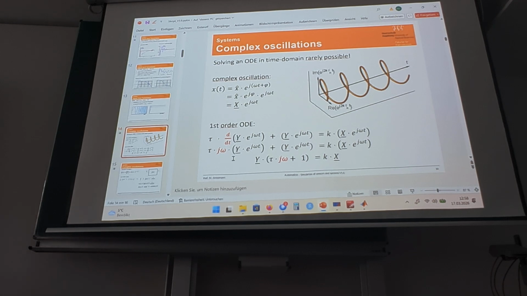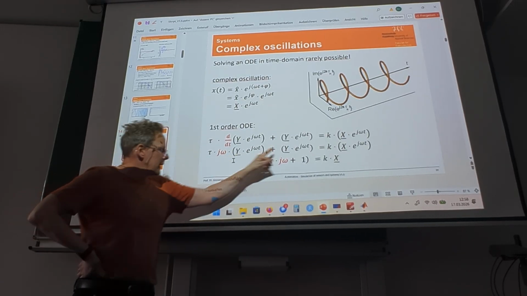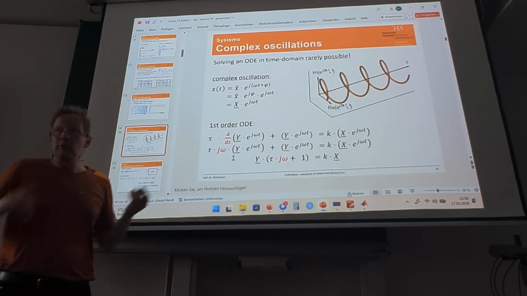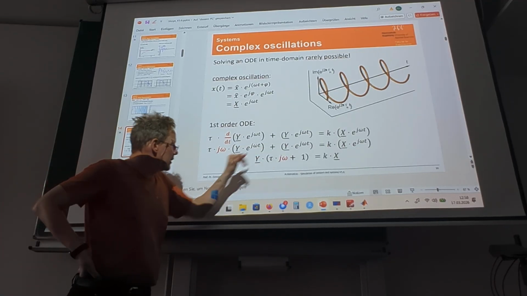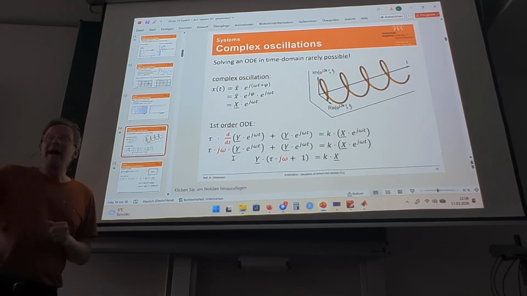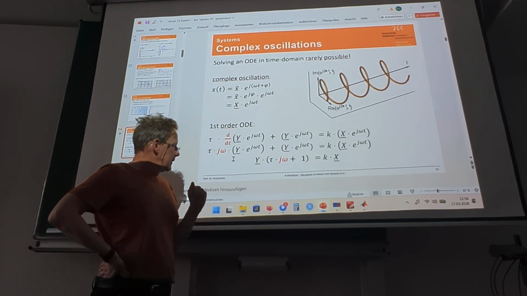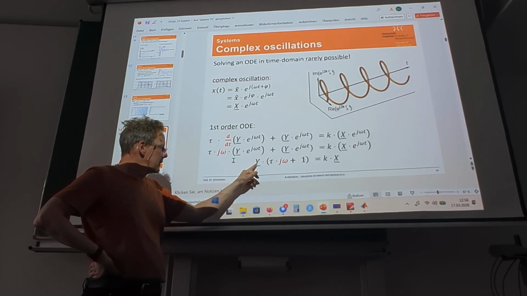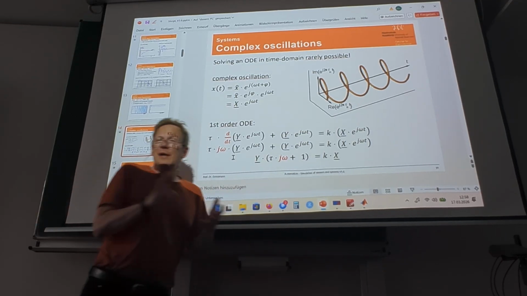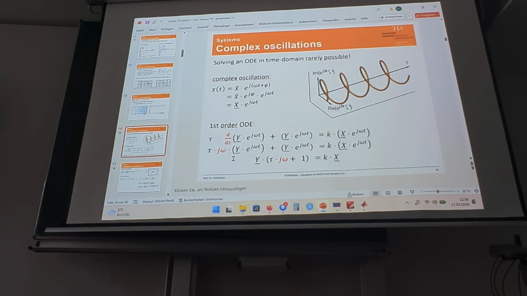For example, now we have the output signal here in two positions, and it's just the same signal here, just with a factor. And that means I can factor out this output signal, and I can calculate with this just like with any algebraic equation.